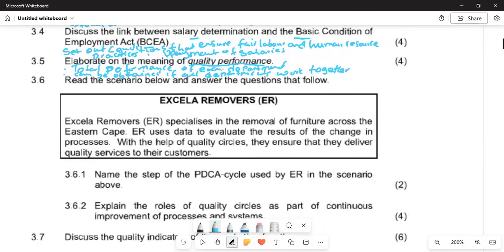That's when we are able to obtain quality performance.